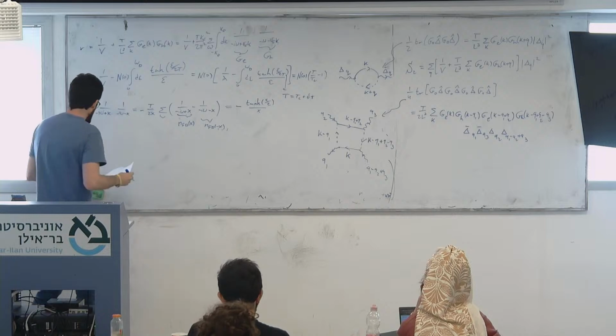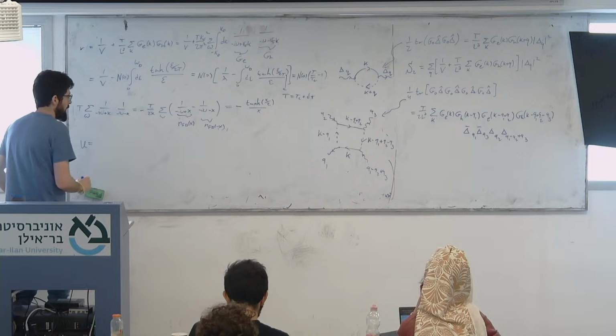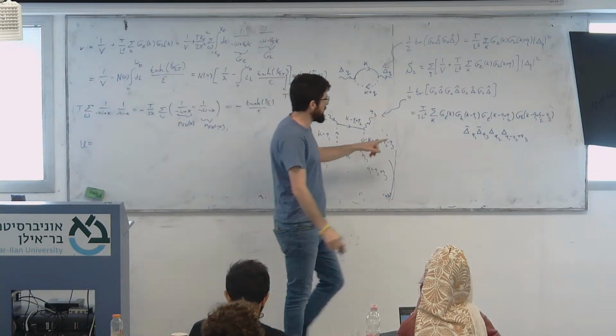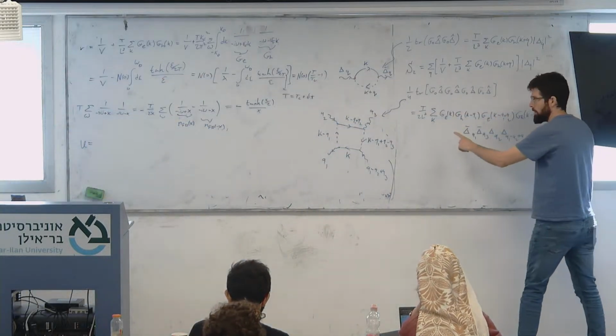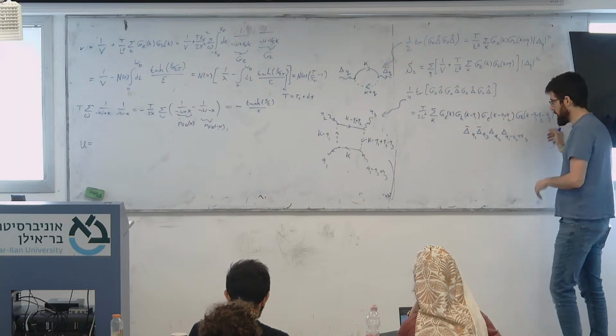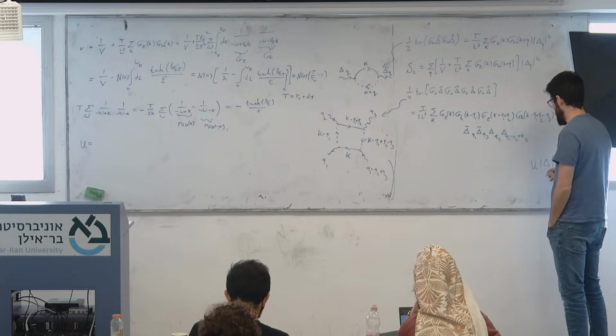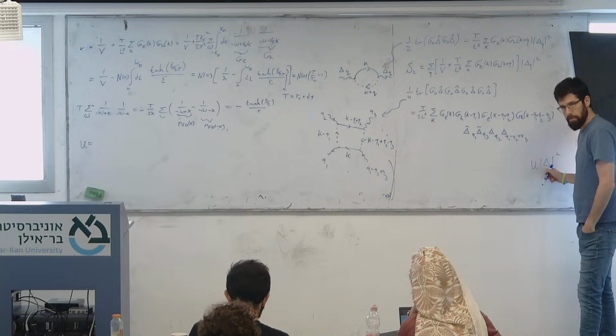Now the point with U is that here you can see this depends on all these momenta. But if you remember, we had in our Ginzburg-Landau theory this.